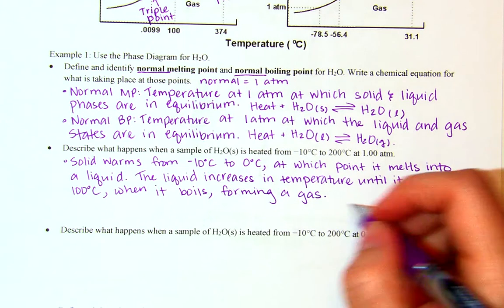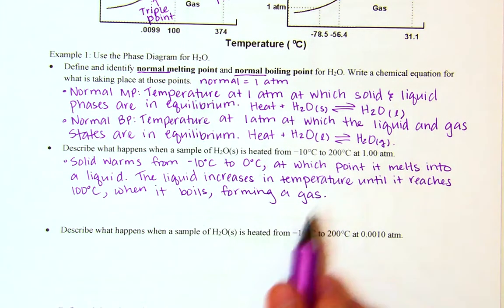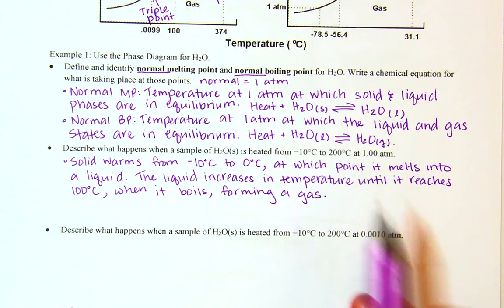Then the vapor that we have after that point is going to continue to increase in temperature, and here we're stopping our heating at 200 Celsius. So it's going to increase in temperature until it hits 200 degrees Celsius.